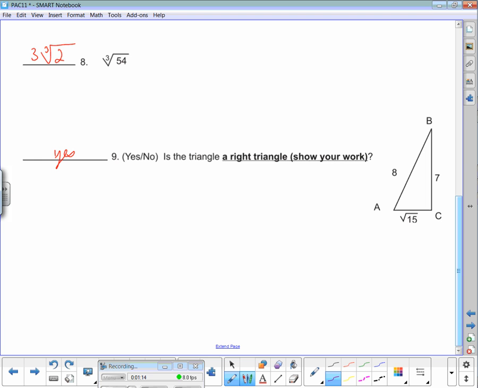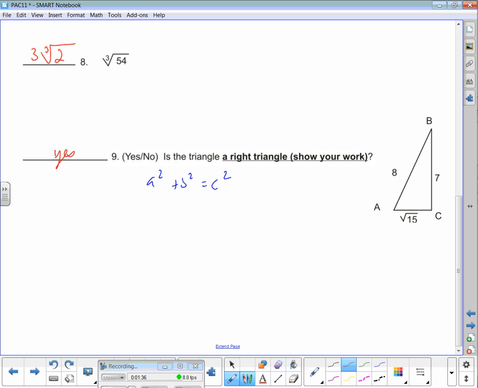So the thought process is you're going to use the Pythagorean theorem to verify if it's a right triangle or not. And so in using the Pythagorean theorem, you're going to say a squared plus b squared equals c squared. Now, Jack, out of those three sides, which side has to be which letter? There's one side that has to be one of those three letters.